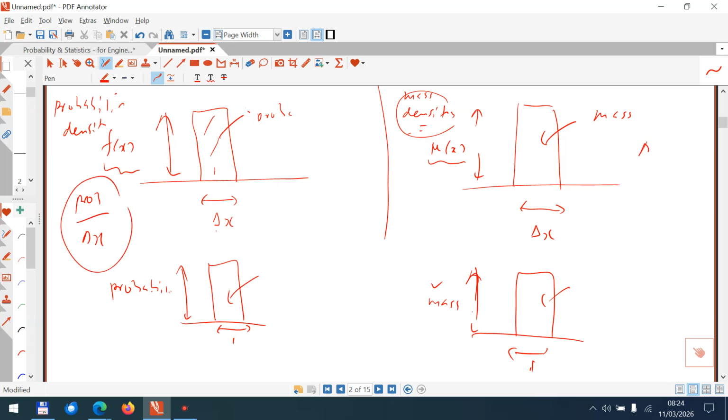Just like here, mass per unit interval. So it will be a derivative of mass. You can say dm by dx, right? And here it will be d by dx of some probability. You got this now? Yes, sir. This is the main thing.